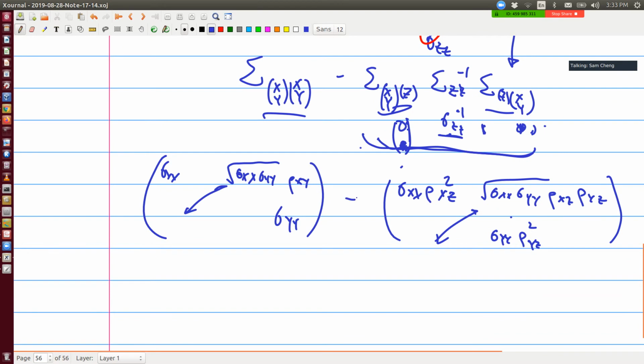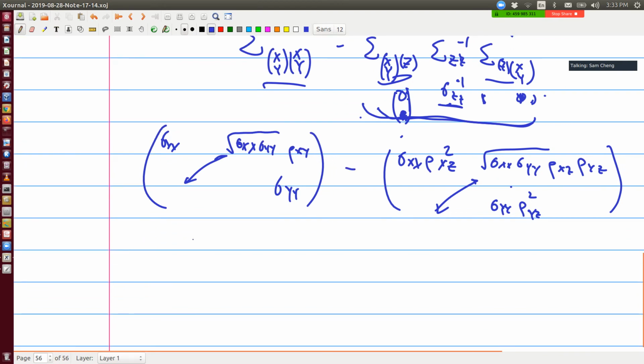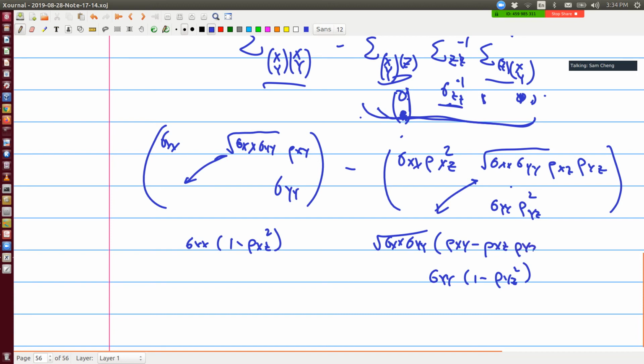Now I have this subtract this, so therefore I get sigma xx times 1 minus rho xz square, and this is sigma yy times 1 minus rho yz square, and then the off diagonal is sigma xx sigma yy square root times rho xy minus rho xz rho yz.